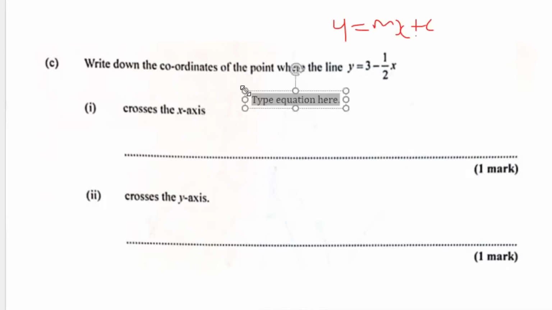So at this point, y would be equal to 0, and we'll have 3 minus a half x.